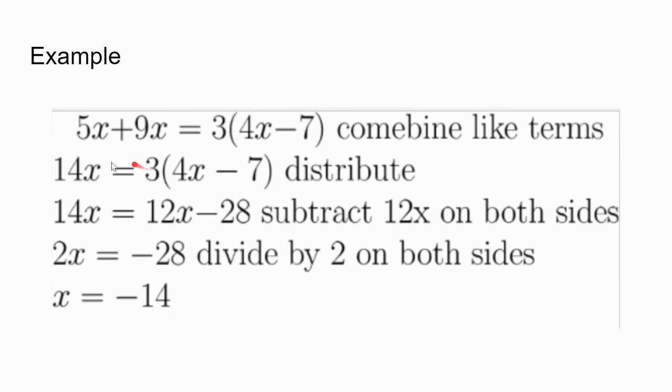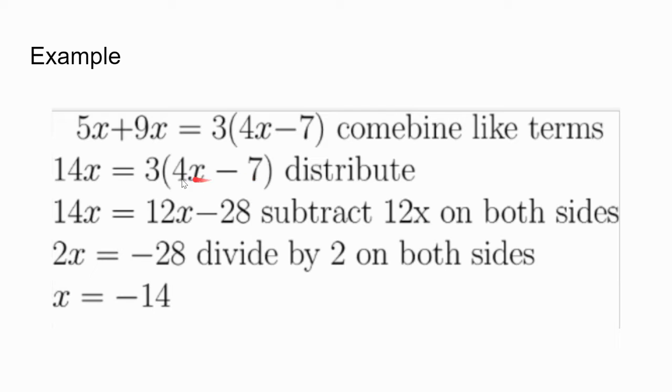So for example, here's a complicated equation, but something we should be able to do. 5x plus 9x equals 3 times 4x minus 7. I should distribute first, but I combined like terms, so I added 5x and 9x, got 14x.